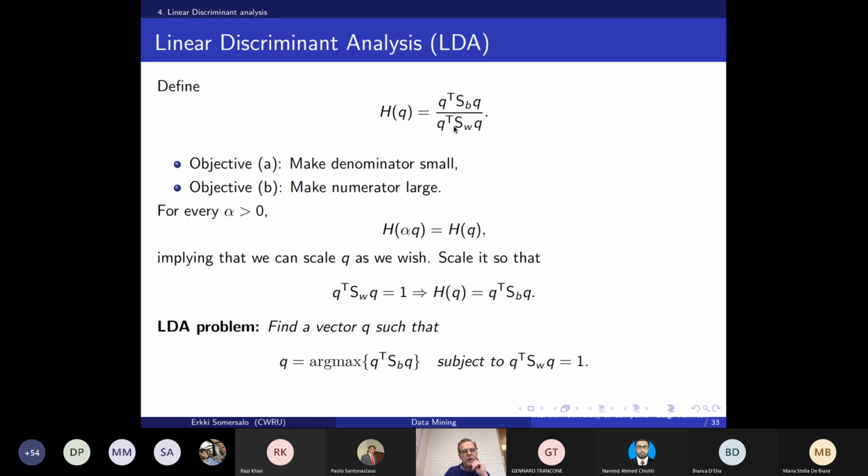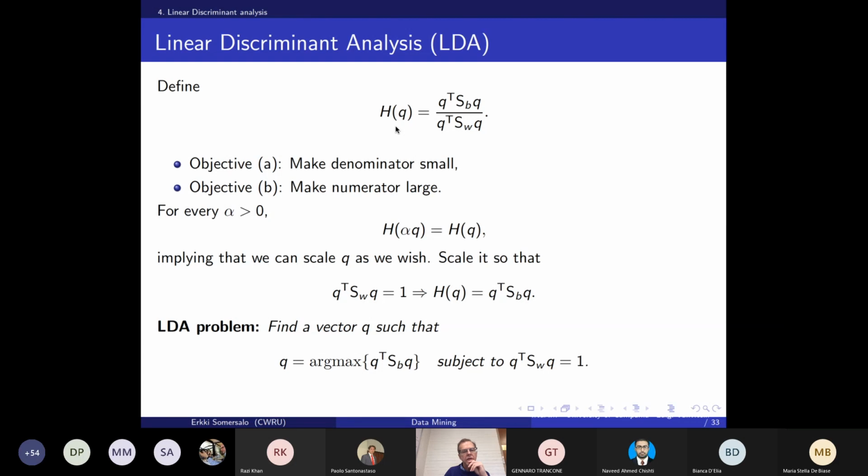Now if I take the ratio of those two numbers, what I'm doing here is defining a function h of vector q, in which I'm trying to make the denominator small and the numerator large. That is achieved if I make this h as large as possible.